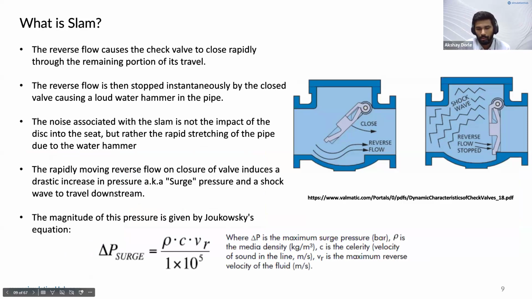In a traditional swing check valve, as we are seeing here in the image, let's say the swing check valve is running under fully open condition and there's a pump trip, the flow starts reversing and the disk will gradually start to close the valve, and as the reverse flow increases, a large column of fluid will hit against its back and it will cause an abrupt stop in the reverse flow of the water column in the pipe.